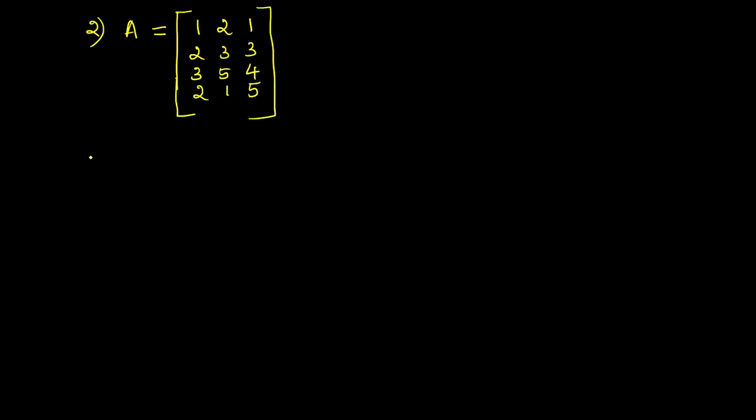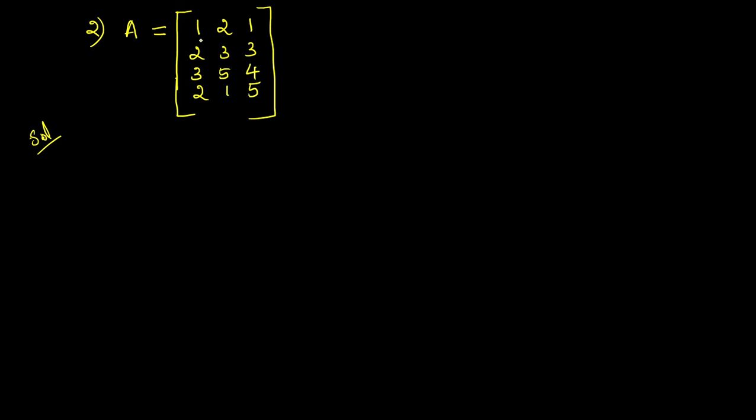Next question. Given a matrix, reduce the given matrix using row reduced echelon form. Given matrix is... First step is to make the first element of the first row 1.